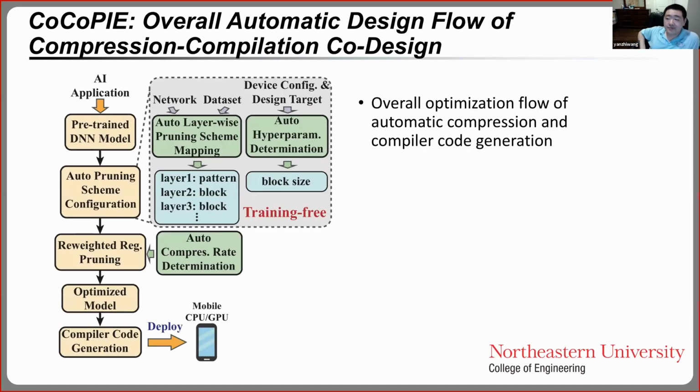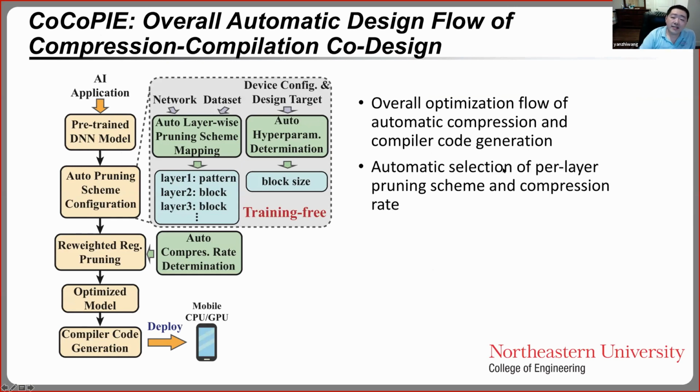Beyond that, recently we have developed an overall automatic design flow of the compression-compilation co-design. We can see this flow shown here. From an AI application, we can do a pre-trained model. We can search for the optimal models doing NAS. And then we do automatic pruning scheme selection. This automatic selection needs to select the per-layer pruning scheme, like pattern-based pruning, block-based pruning, or even other types of pruning.